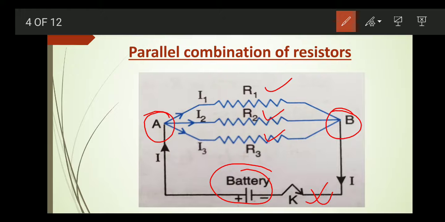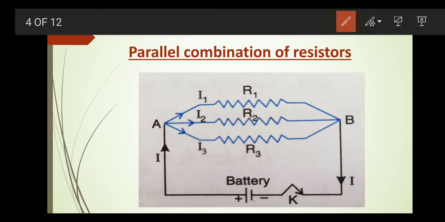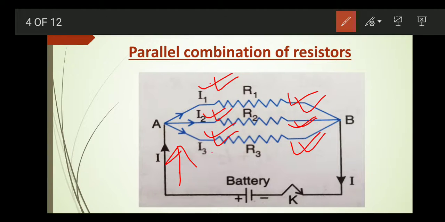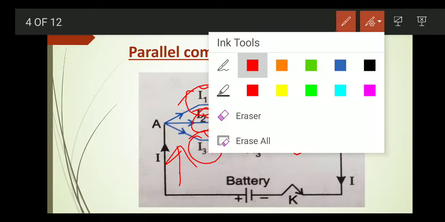Now, in this place, you can observe one more thing, children, that the current I divides itself in three parts in the separate branches of the parallel combination of these three resistors, I1, I2 and I3.